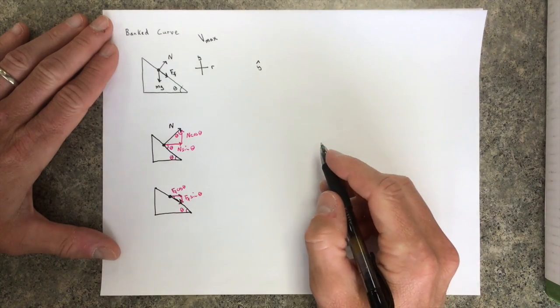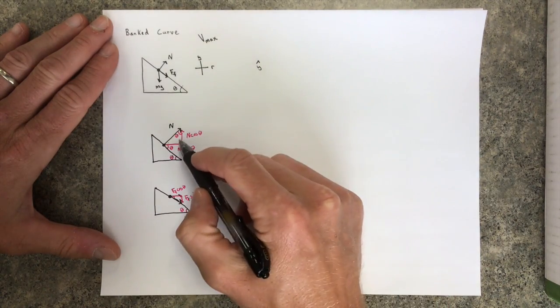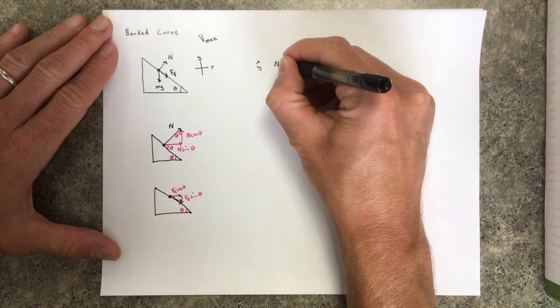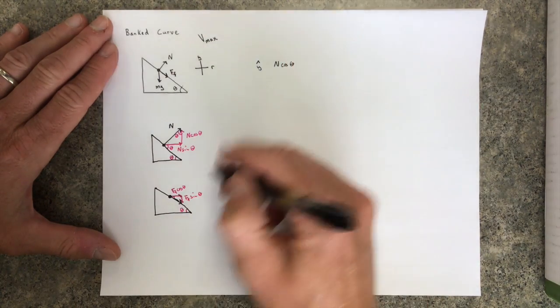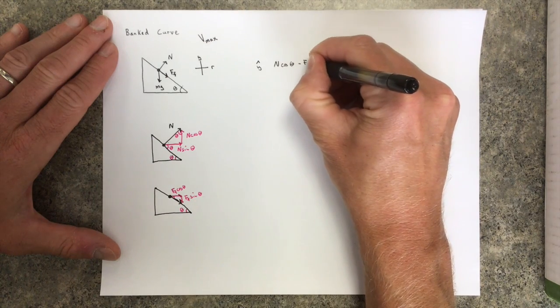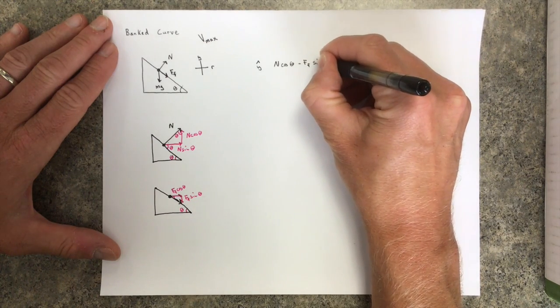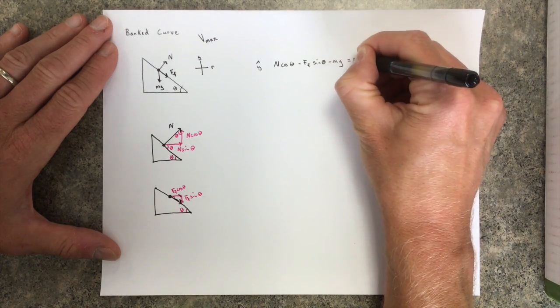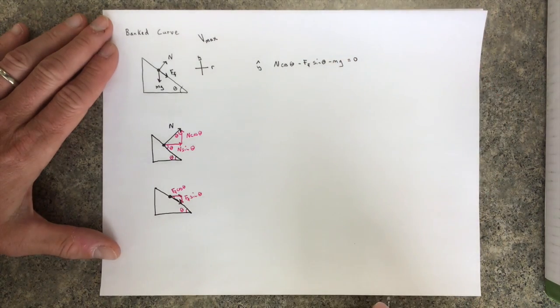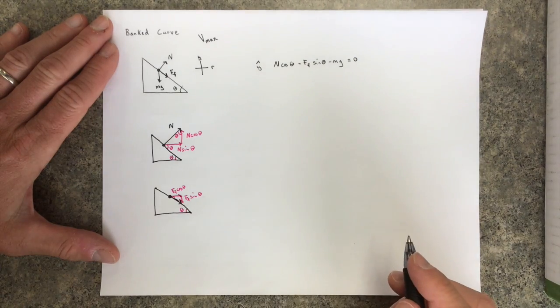Okay, so let's do y hat, the up forces. The normal force has an up force, that's N cosine theta. And then the down force of friction, so minus F_f sine theta, minus mg, and that's equal to 0 because we know there's no acceleration in that direction.